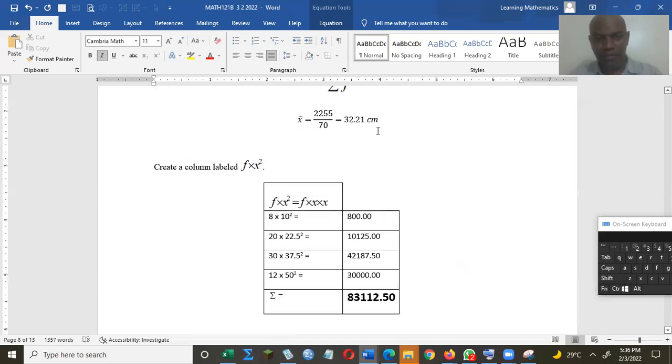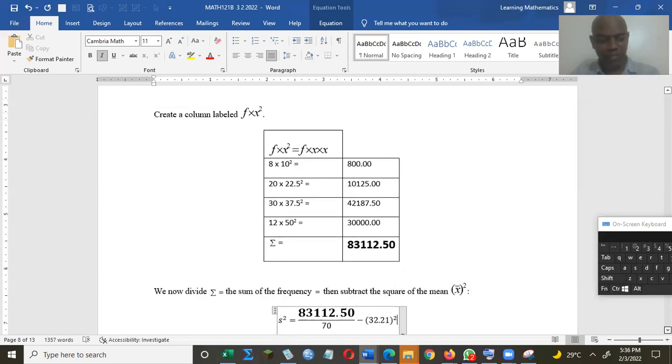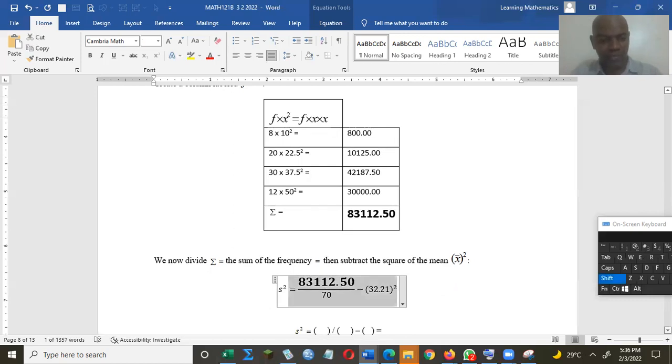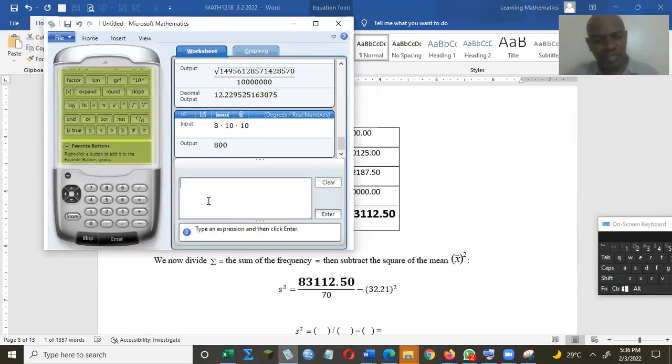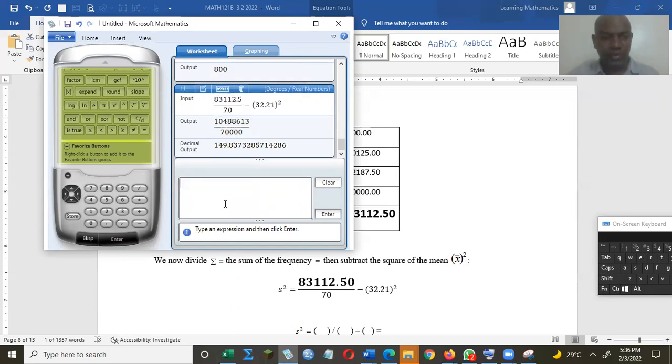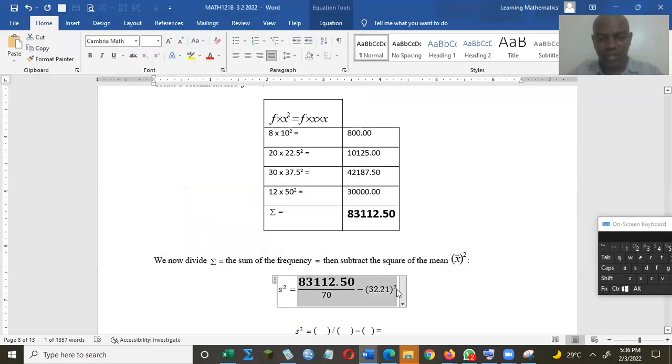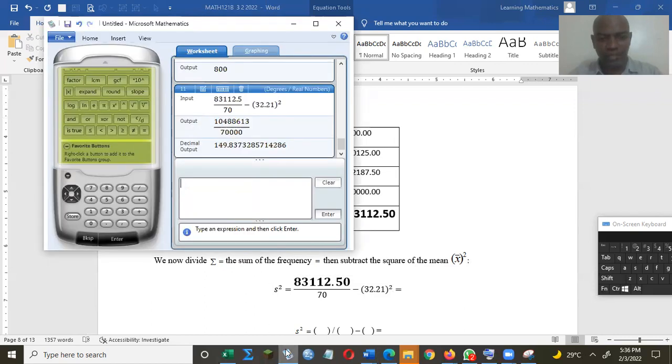The more you play with the app, for want of a better word, the more skilled you become with it, and you discover new things, which is a skill you can use in the future. So please put this as is in your calculator and just press enter: 149.84. Compare it with the first method, we'll do that in a while. 149.84.